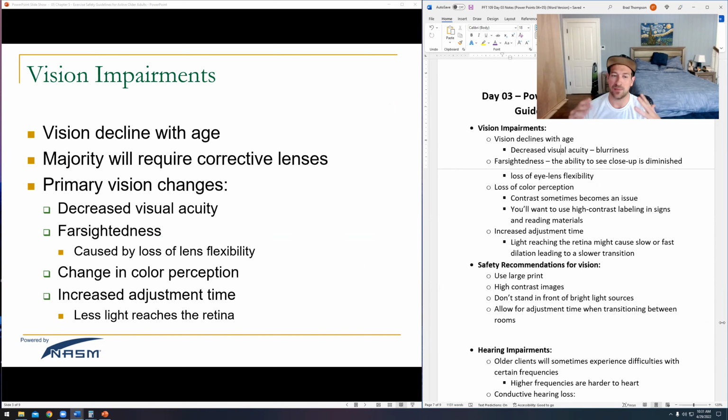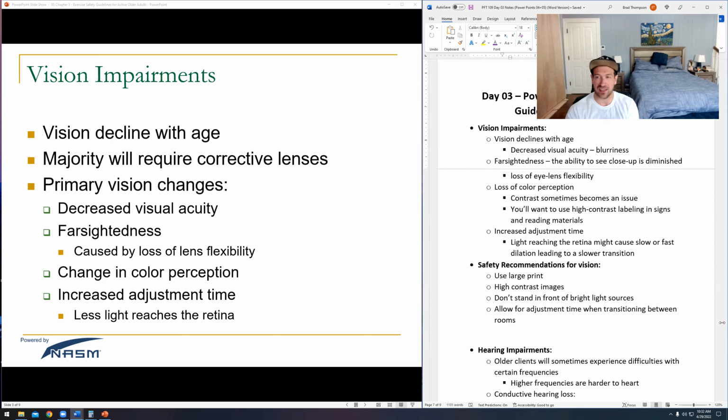We'll also see sometimes seniors will struggle with farsightedness. Like I'm nearsighted, I see pretty easily close, but I have a hard time seeing stuff far away. Seniors kind of get the opposite of that. The lens will harden, and so they'll get farsightedness, and they'll have a hard time seeing up close.